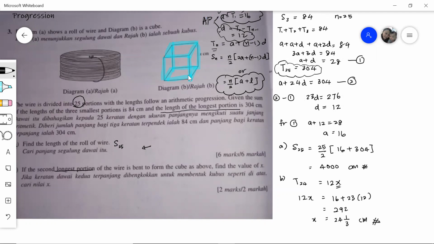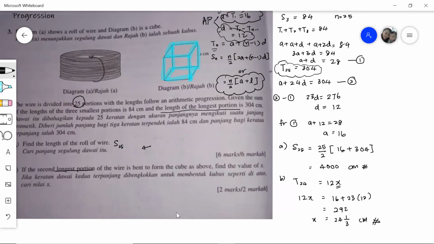That is the value of x. Now, if you use a calculator, you may get 24.3333. Try to change it to a fraction and leave it. We do not need to round off the answer. Our answer 24 and 1/3 will be more accurate than the rounded number.